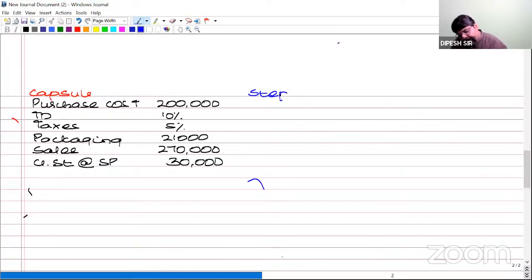Now, chartered, Step 1. Purchase cost, or cost of purchases. Correct?